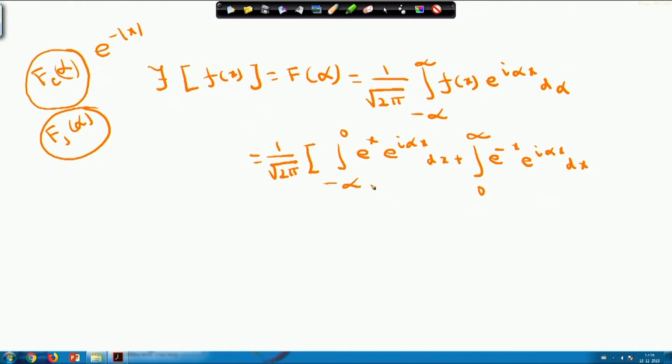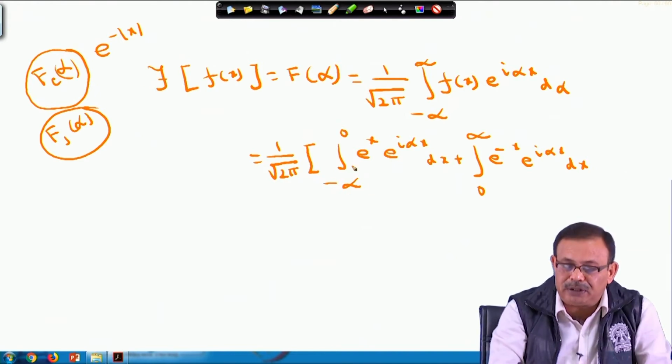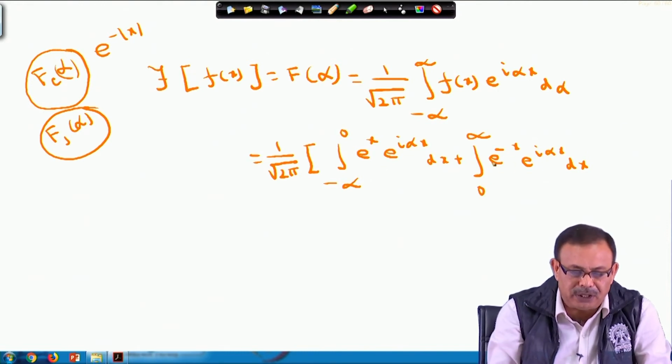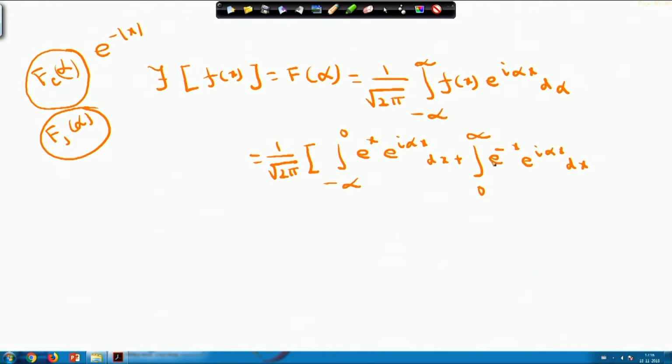So, please note here that since my function is e power minus mod x, I have broken it into minus infinity to 0 and 0 to infinity. In minus infinity to 0 the value is e power x, and in 0 to infinity it is e power minus x. Now, I have to evaluate this integral.